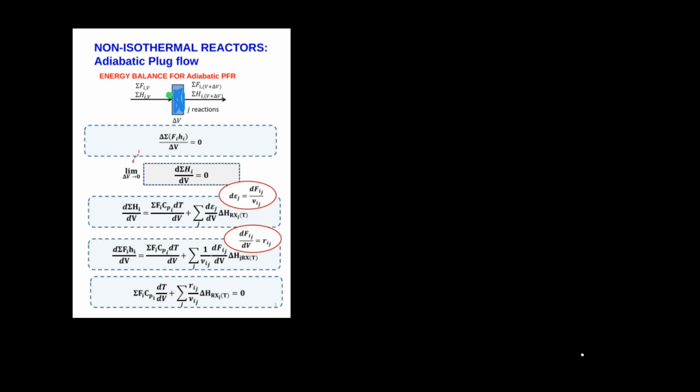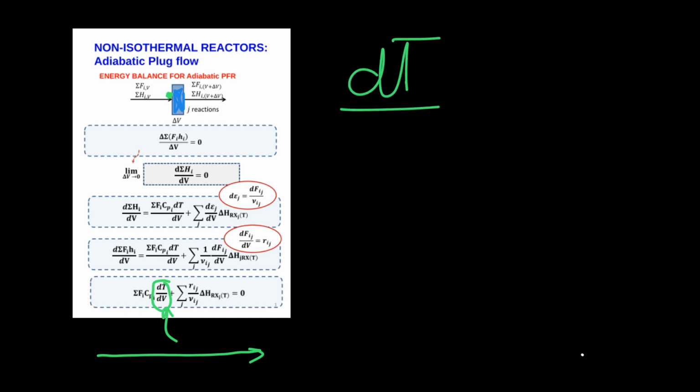So now I can consider temperature as a dependent variable along the length of my reactor, and I can make this differential equation the subject of that equation. So it will look as follows. How does the temperature change along the volume or the mass? We're going to sort out the units to make sense depending on our independent variable.